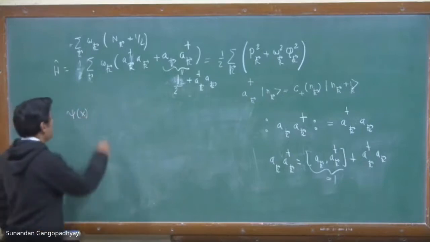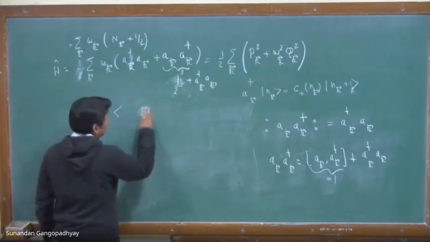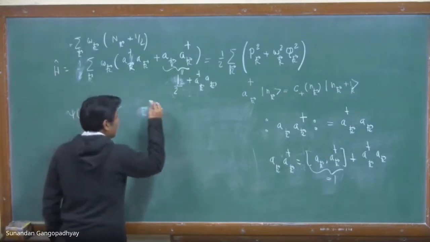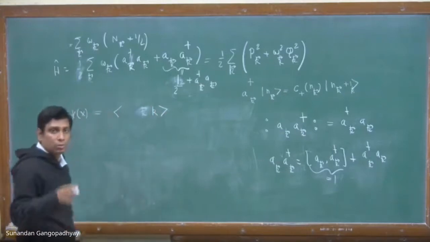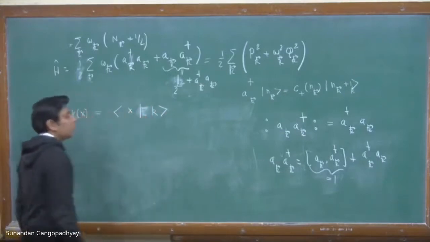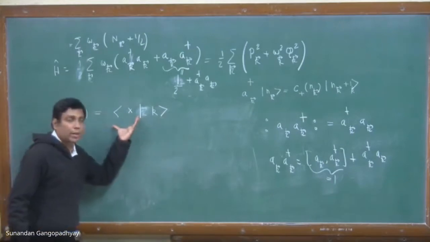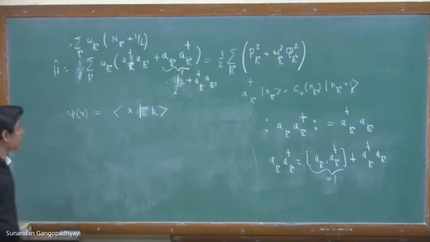So we have this overlap. The wave function is basically the overlap of k with bra x. So if we just consider, say, one dimension, 1 plus 1 dimension, so let us consider only one spatial dimension. We're taking the coordinate representation of this momentum state with momentum k.